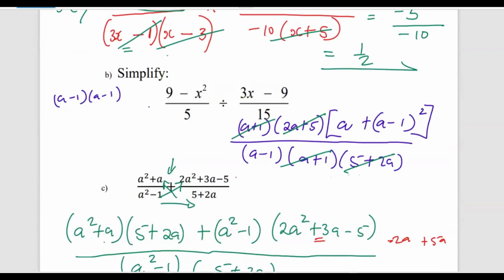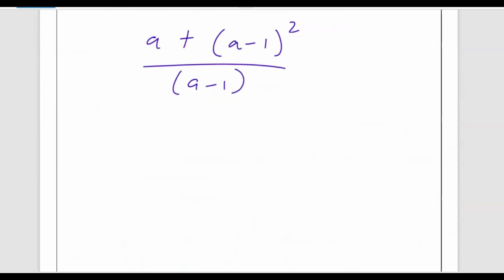So I have a plus a minus 1 squared over a minus 1. That's what is left, because of this big bracket and then this one. Let me try to open this up and see. So a plus a squared minus 2a plus 1 over a minus 1.